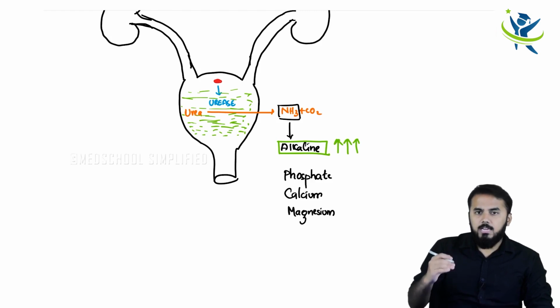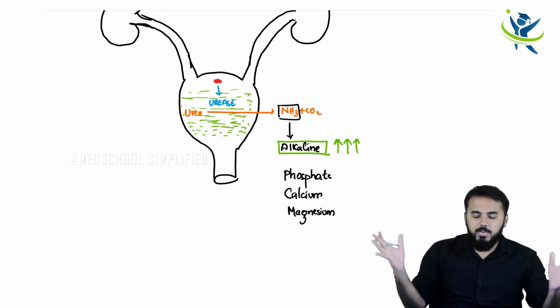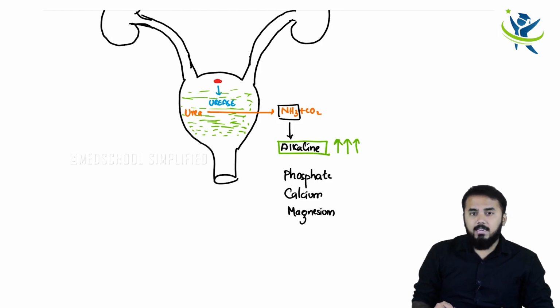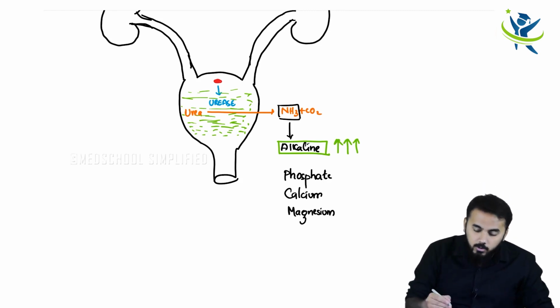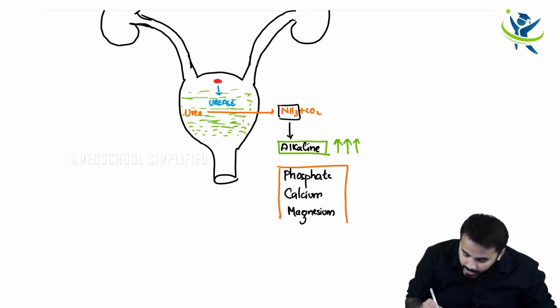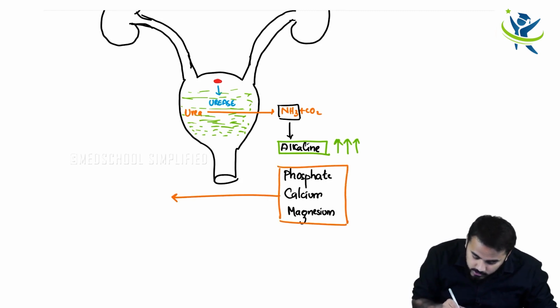So phosphate, calcium and magnesium settle down very happily in the urinary bladder now, right? So the alkaline environment is the favorable climate for these three ions to precipitate down. They will precipitate down and form stones, and such stones are called struvite stones.